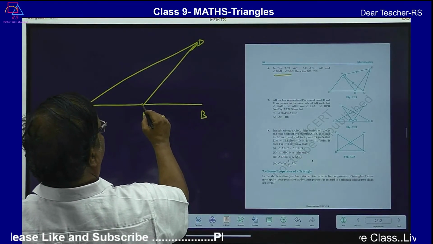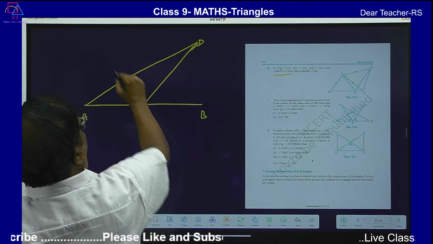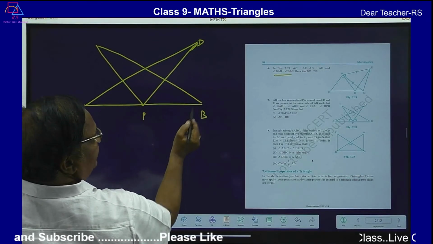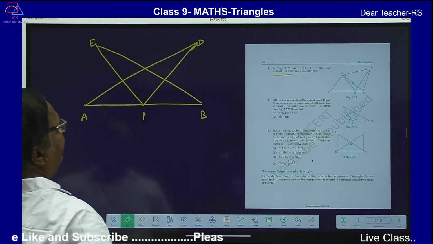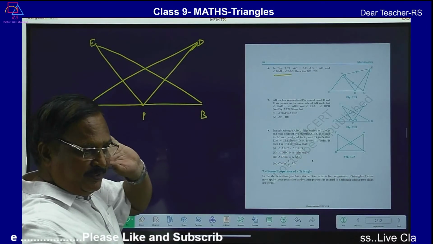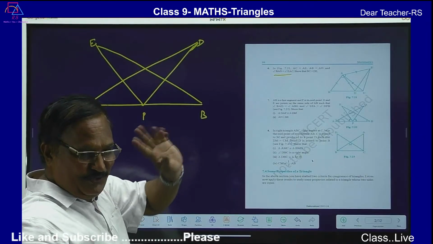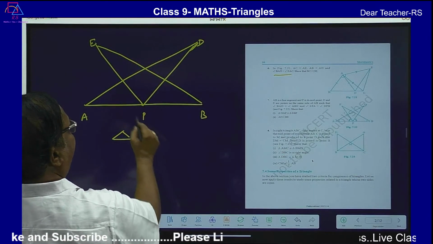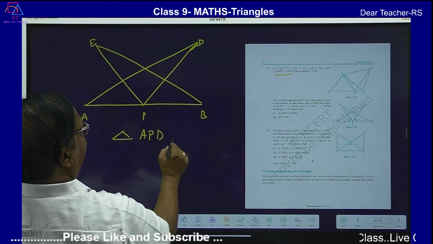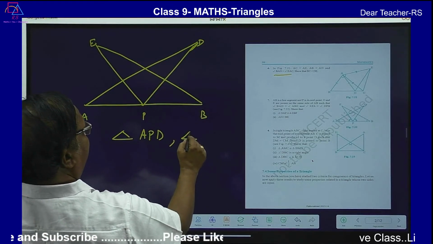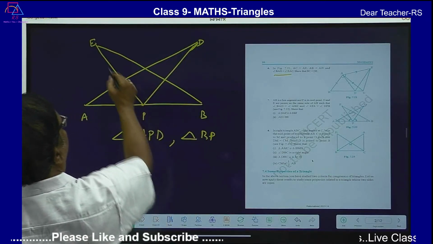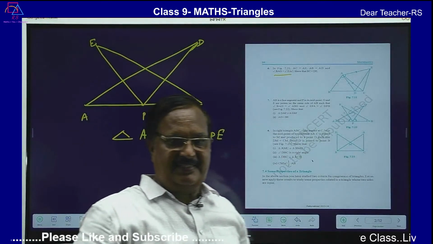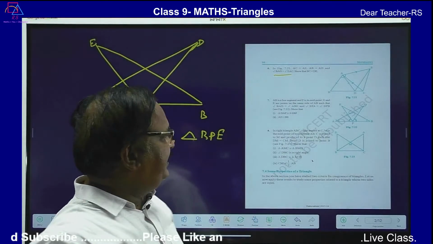And this is one more triangle, PEB is one more triangle. You understood? Two triangles you understood? One is APD, the other one is triangle BPE. You have to see those two triangles.